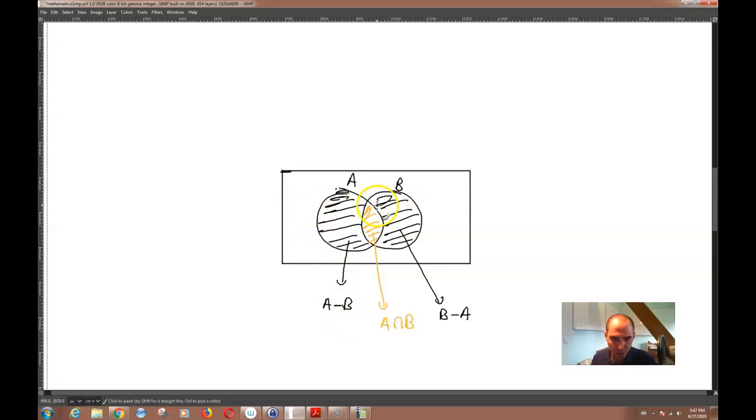So now, based on this, I can write A is equal to the union of these two sets, A minus B and A intersection B. So A minus B union with A intersection B, that would be the set A.